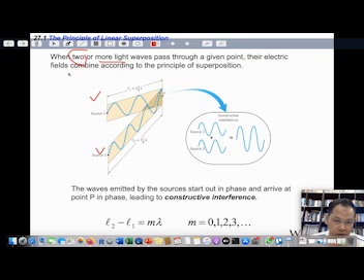As you know, the electric field comes from a wave that fluctuates. For example, one has a wavelength like this, and the other source has a wavelength like that.